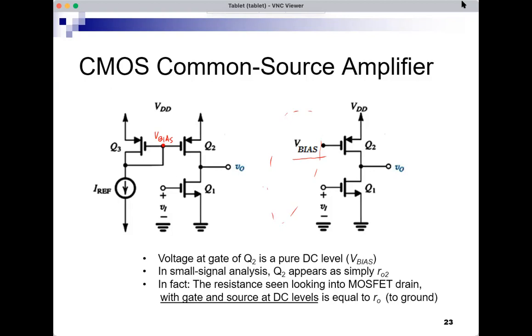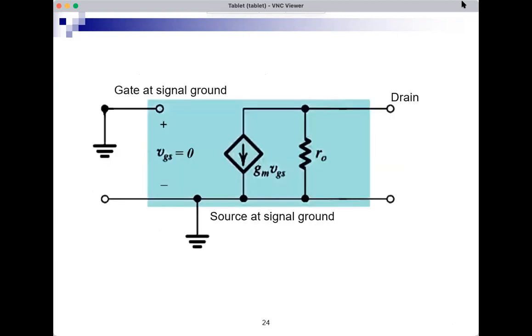So what does this mean? What does looking into the drain of a MOSFET mean? Let's expand. Let's understand what we're saying here. So this is the condition that I'm talking about. On the previous slide, I said the gate is pure DC. So if I'm doing small signal analysis, the gate is at signal ground because the voltage at the gate is pure DC.